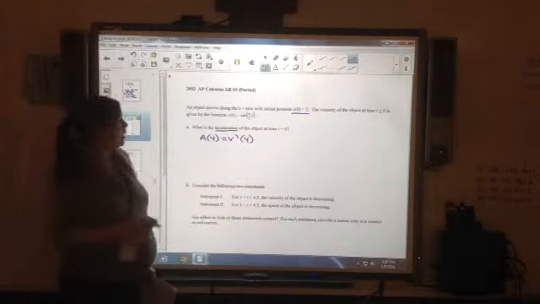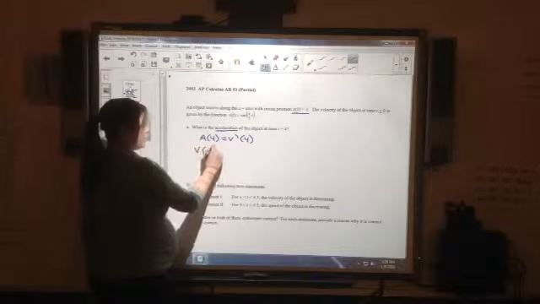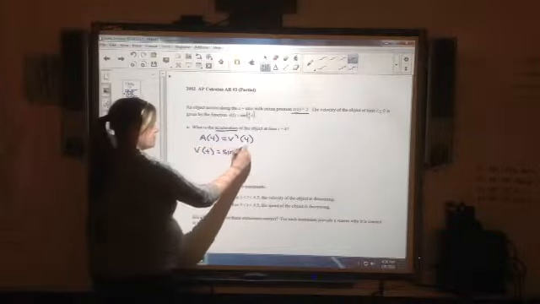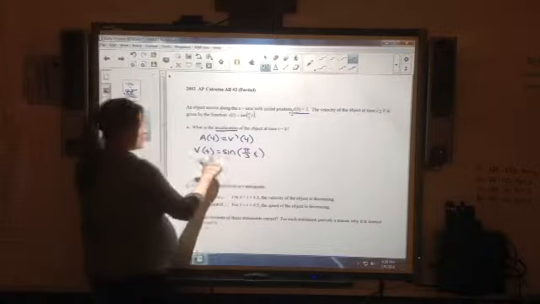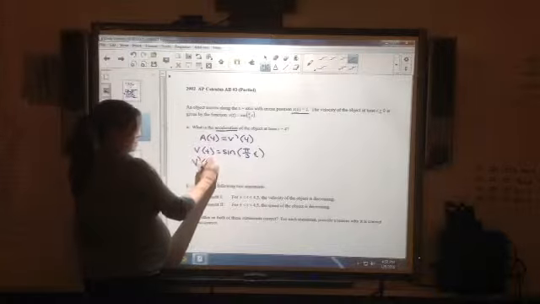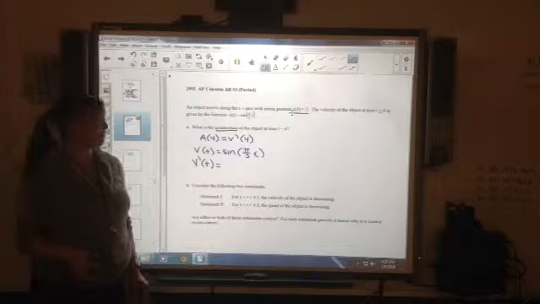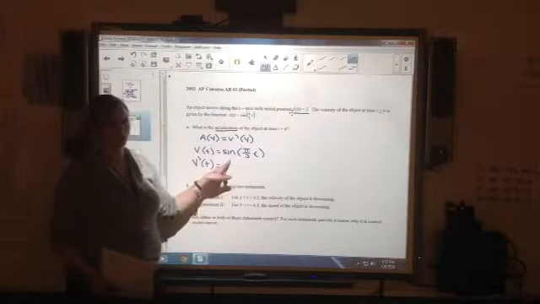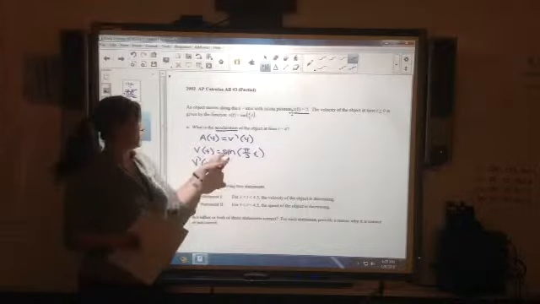So velocity is given by this function, and I need to find the derivative of velocity. This one doesn't really look like it, but there's a function within a function. Wow. So you should be thinking, function within a function, chain rule.